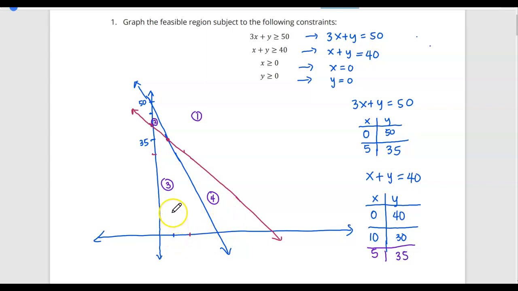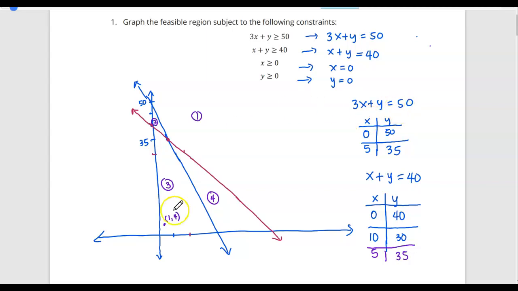Say, for instance, I'll pick a point. You just have to pick any point here. So in this case, suppose it is the point (1, 4).